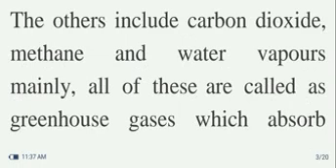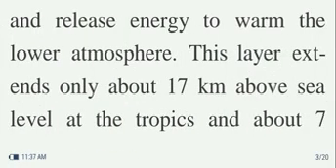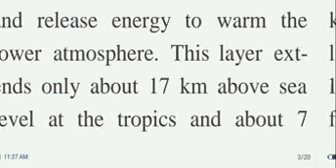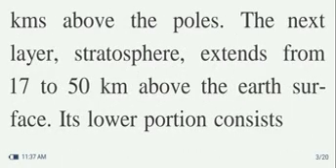The others include carbon dioxide, methane, and water vapors mainly. All of these are called greenhouse gases, which absorb and release energy to warm the lower atmosphere. This layer extends only about 17 km above sea level at the tropics and about 7 kilometers above the poles.